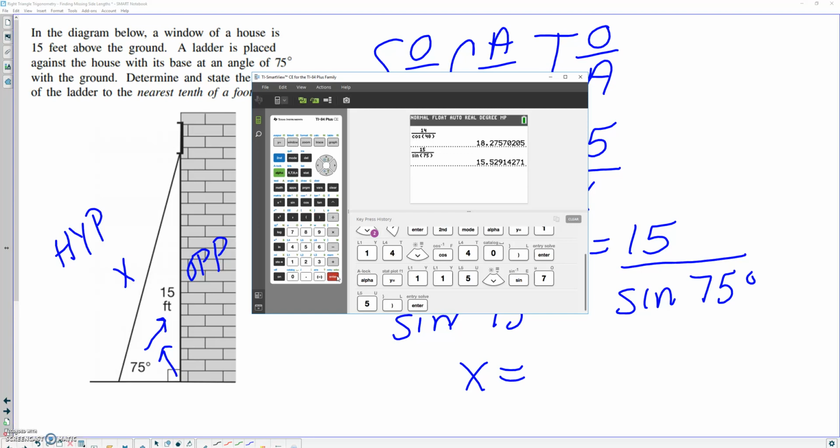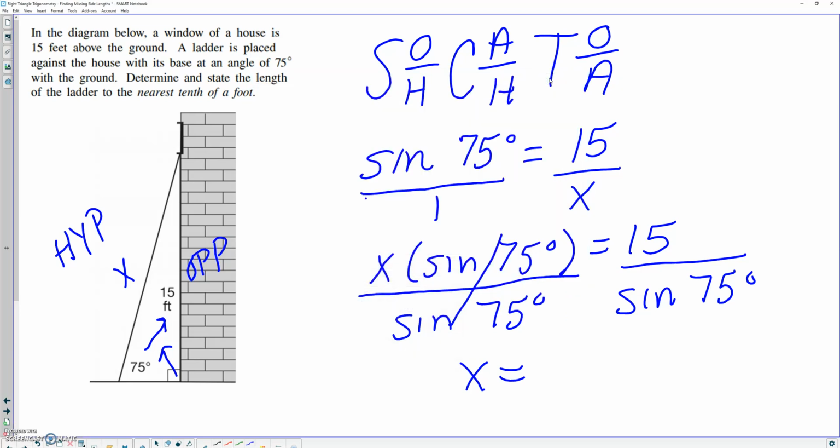Okay, so we get approximately 15.5. Okay, so the ladder is approximately 15.5 feet. All right, third example.